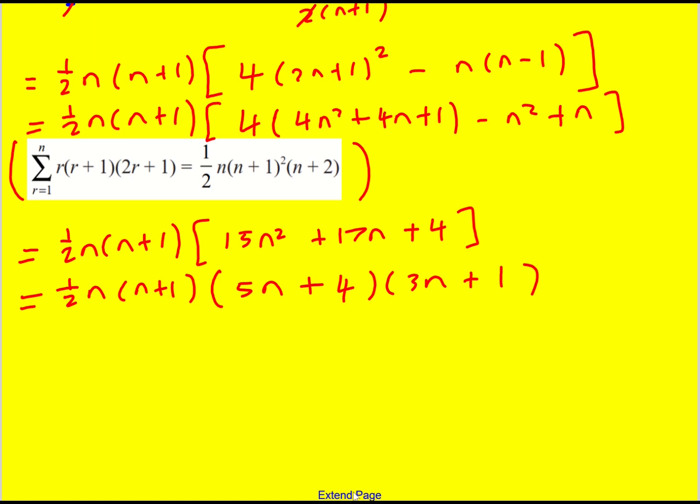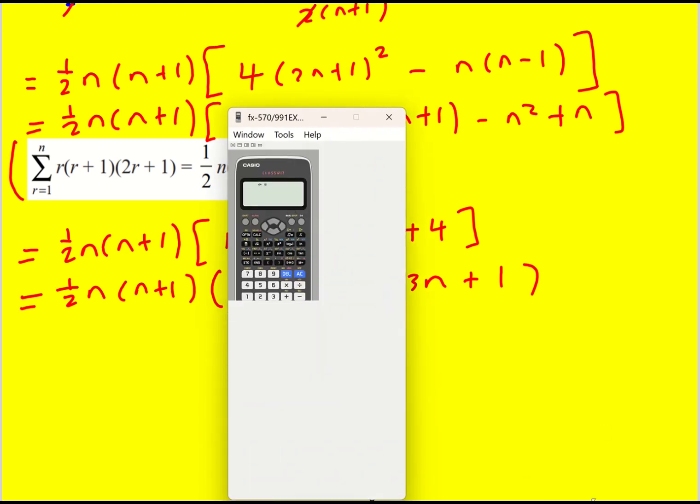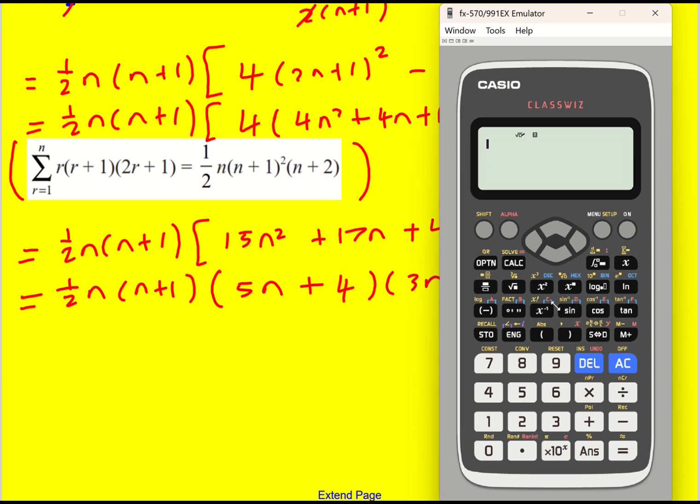If you can't see the factorization, it is worth being aware that you can use the quadratic formula to get the roots, and then you can work your way back. I'll just show you in case you've never seen it.